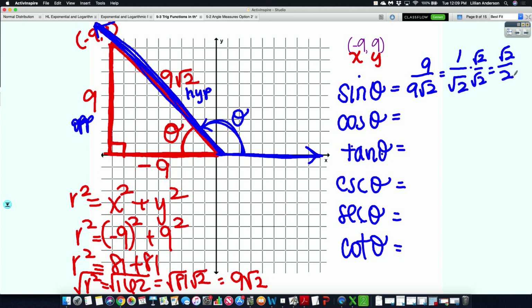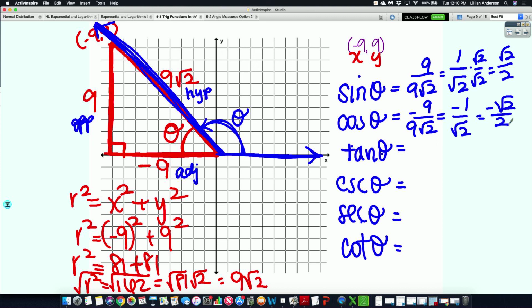Cosine theta is what over what? So this has to be my adjacent side because I've labeled the other two sides. So cosine theta is going to be negative 9 over 9 square root of 2, which simplifies as well to be negative 1 over the square root of 2, which I'll have to rationalize as well and get negative square root 2 over 2.